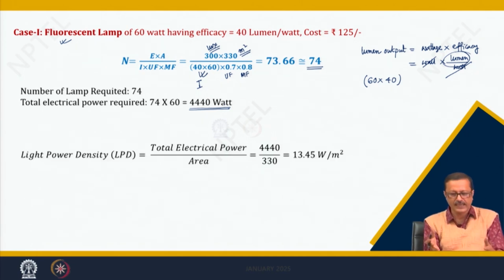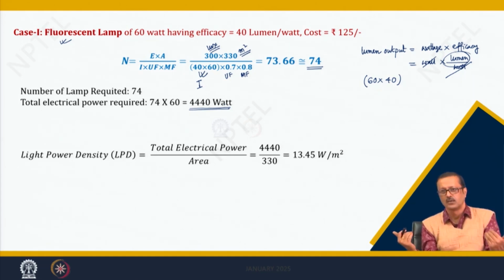So, the LPD, lighting power density, will be the electrical power required, that is 4440, divided by the area. So, that means 13.45 watt per meter square is the LPD of that particular room.